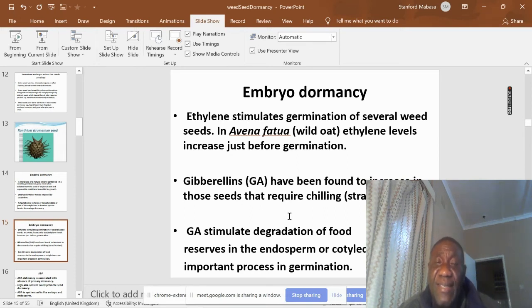And when these seeds are exposed to conditions suitable for germination, they have acquired high levels of gibberellins, which will then cause germination. So in short, gibberellin stimulates degradation of food reserves in the endosperm or cotyledons, which is an important process in germination.